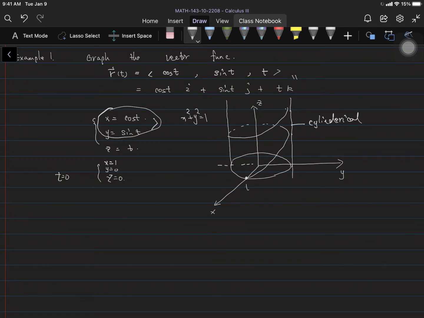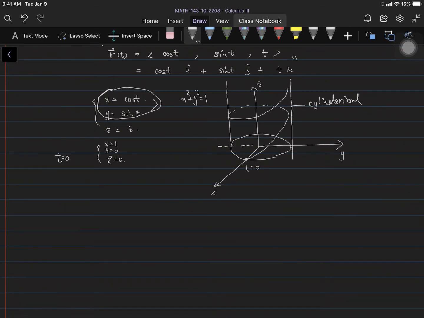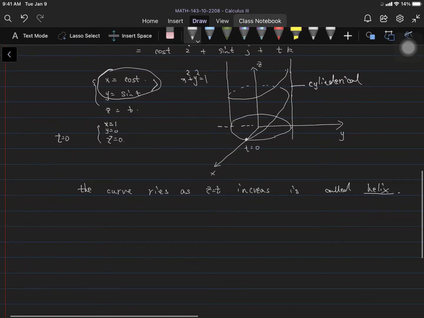And here is the initial point, when t equals 0. There's a name for this curve. This curve is called a helix. The curve rises as t increases.